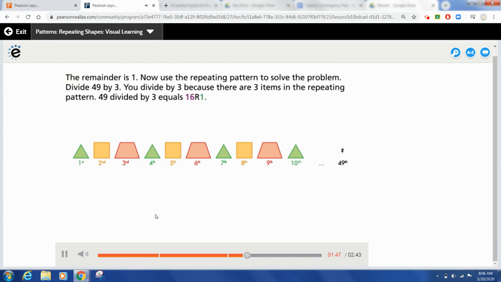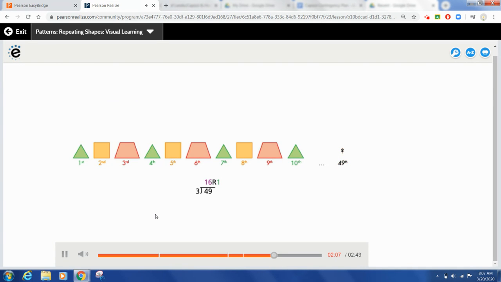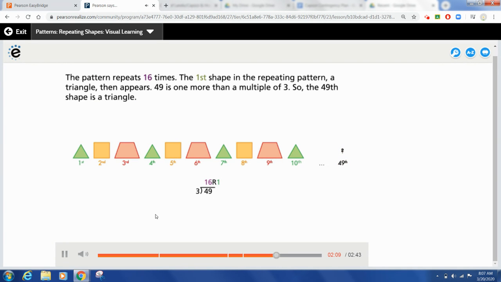The remainder is 1. Now, use the repeating pattern to solve the problem. Divide 49 by 3. You divide by 3 because there are 3 items in the repeating pattern. 49 divided by 3 equals 16, remainder 1. The pattern repeats 16 times.